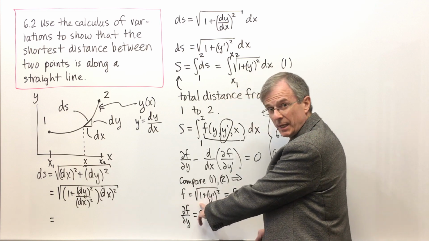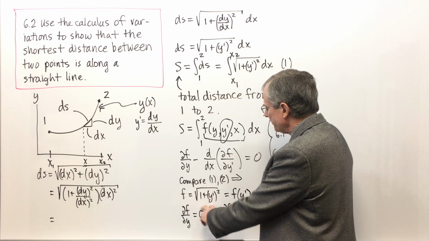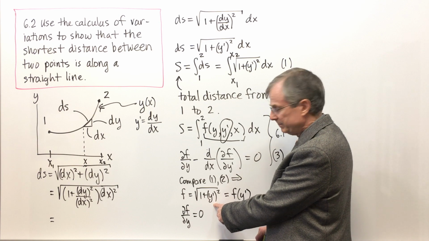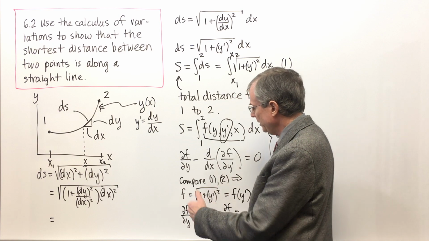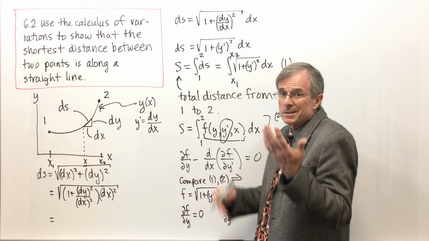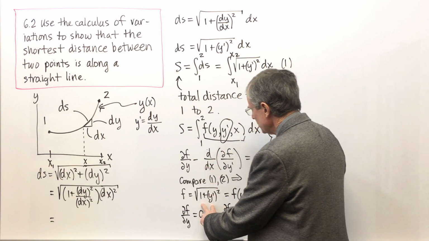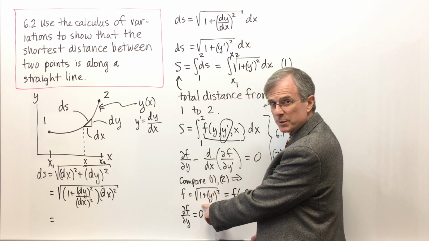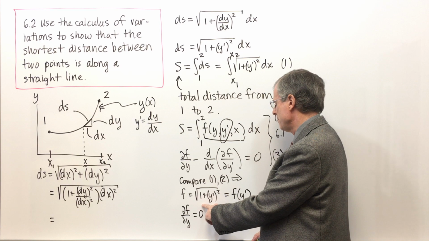Well, here's f, and it does depend on y prime. I don't have any y's or x's in there to hold constant because there aren't any in there. So we just have to worry about taking the derivative with respect to y prime.